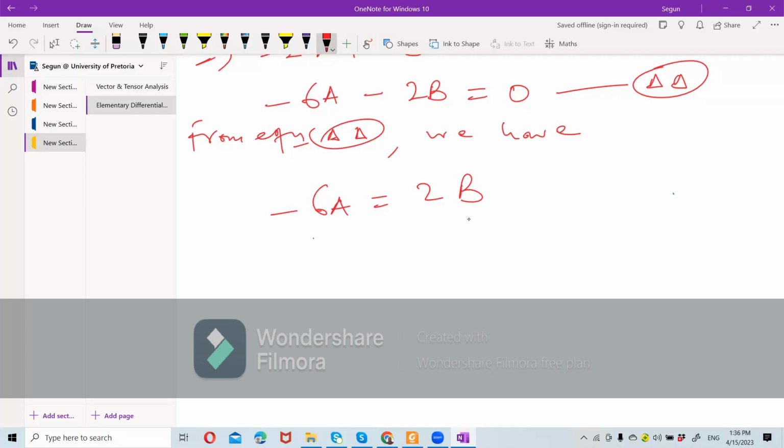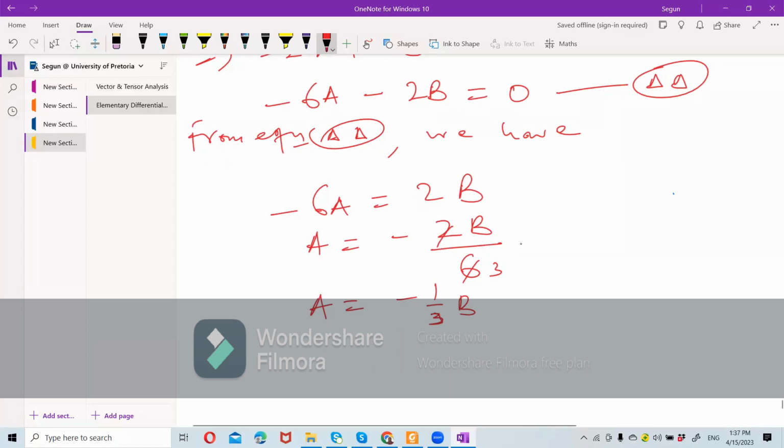So we have our a to be equal to what? Negative 2b over 6, b over 3. Am I right? Yes, sir. Our a will be minus 2b all over 6. Minus 1 all over 3, so minus b over 3. So you can go and get your other one now.